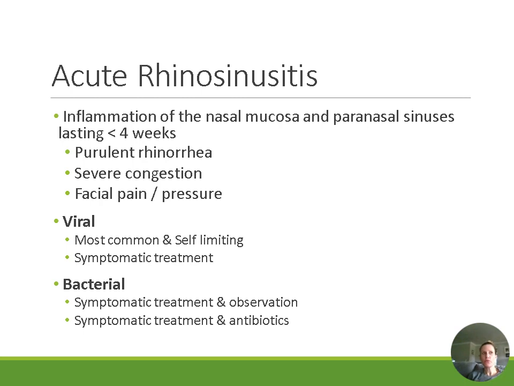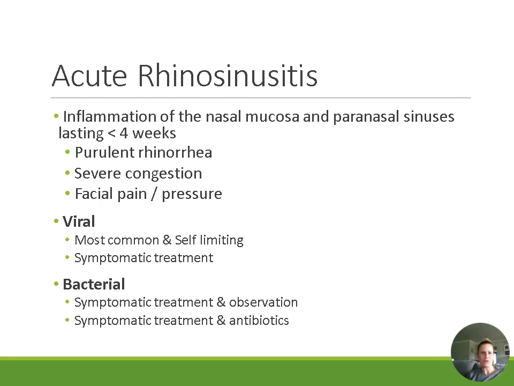Okay, so that's it for acute pharyngitis. Now we'll move on to acute rhinosinusitis. This term rhinosinusitis is technically more accurate than calling it just sinusitis, because inflammation of the sinuses is almost always occurring concurrently with inflammation of the nasal mucosa.